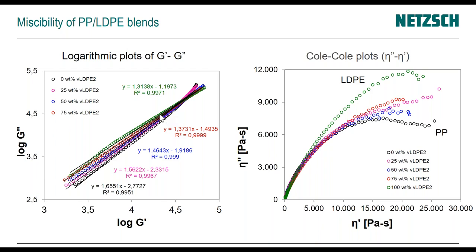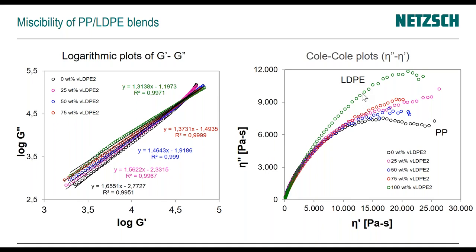You see in green and black the boundaries of our LDPE and PP, no blend composition, and you see that all the blends fall in between these two. We have a linear relationship that indicates to us that all blend compositions of LDPE and PP that we studied are miscible.